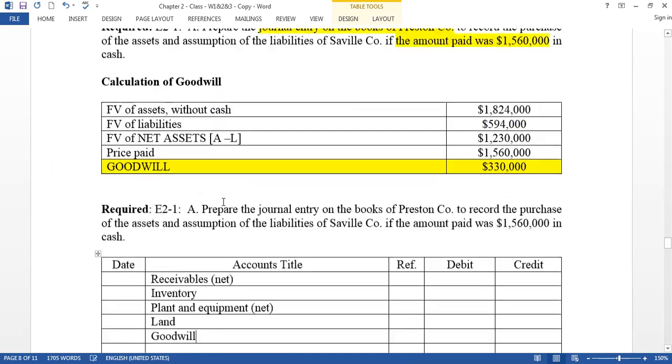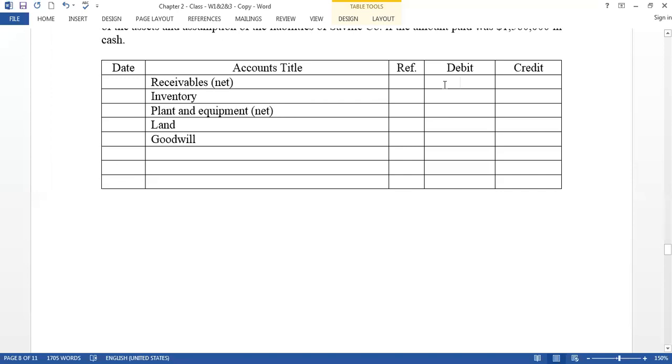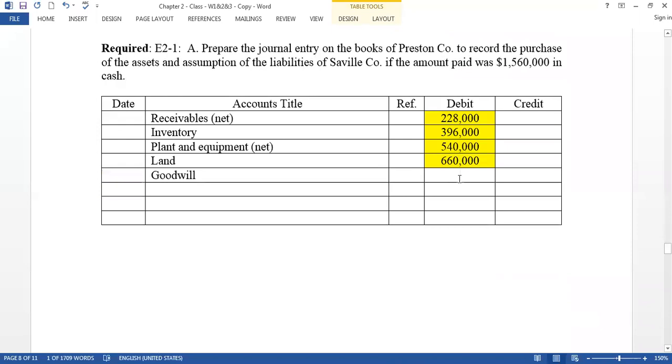We buy all of their asset based on their fair market value, so this is debit. And goodwill, debit.